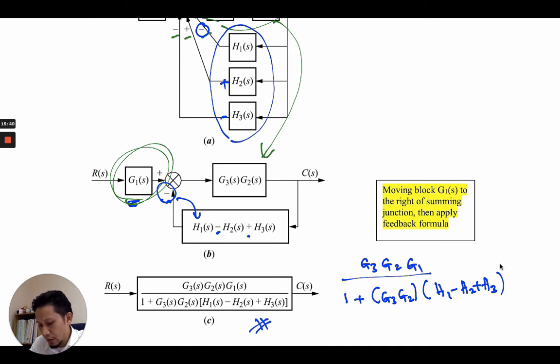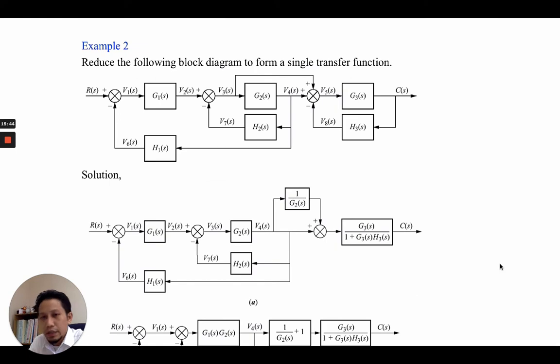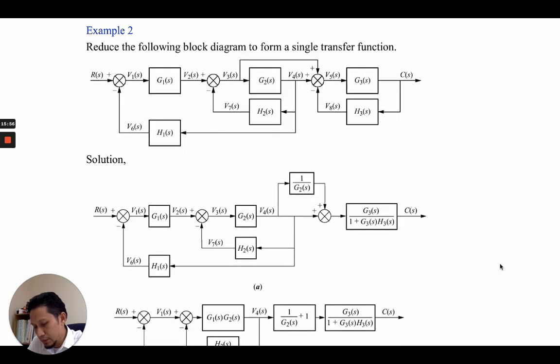Alright, let's move to example number 2. So this is actually quite complicated as compared to the previous example 1. So in this case, we can identify which one we want to reduce first.